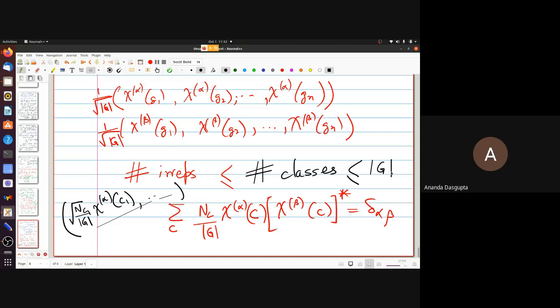What is the size of any matrix in any representation? It's the dimensionality of the space, right? The representation is on a vector space, and the matrix is, of course, n by n if n is the dimensionality of the vector space. What is the dimensionality of the group algebra, which is the vector space which we use here for the regular representation?